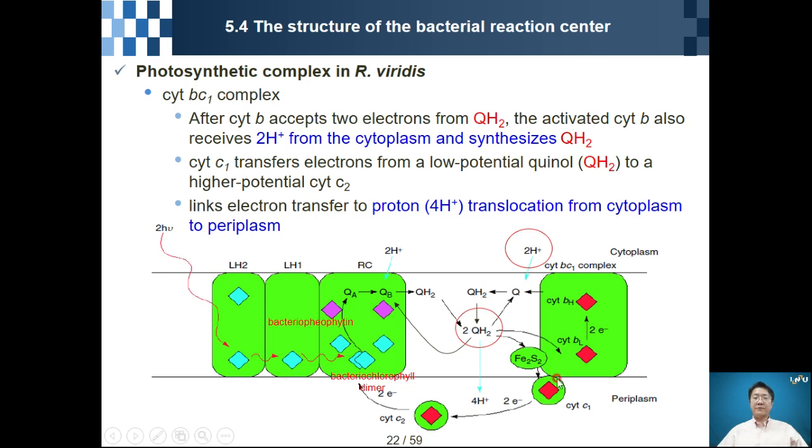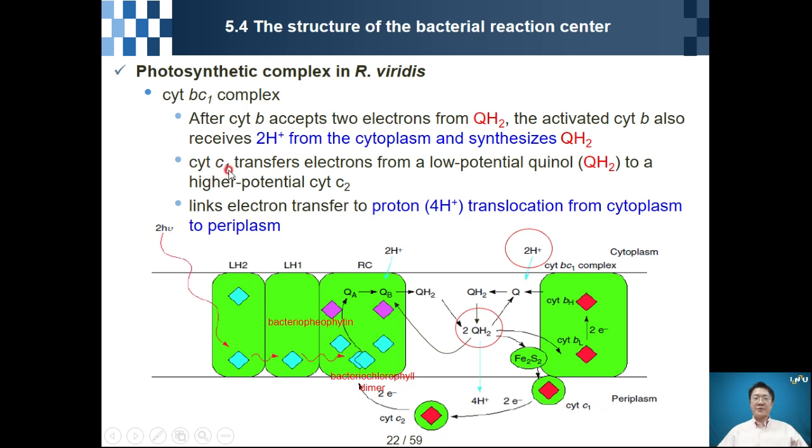How about cytochrome c1? Cytochrome c1 transfers electrons from the low potential QH2 to the higher potential cytochrome c2. One QH2 is used by cytochrome b and another QH2 can be used by cytochrome c1.